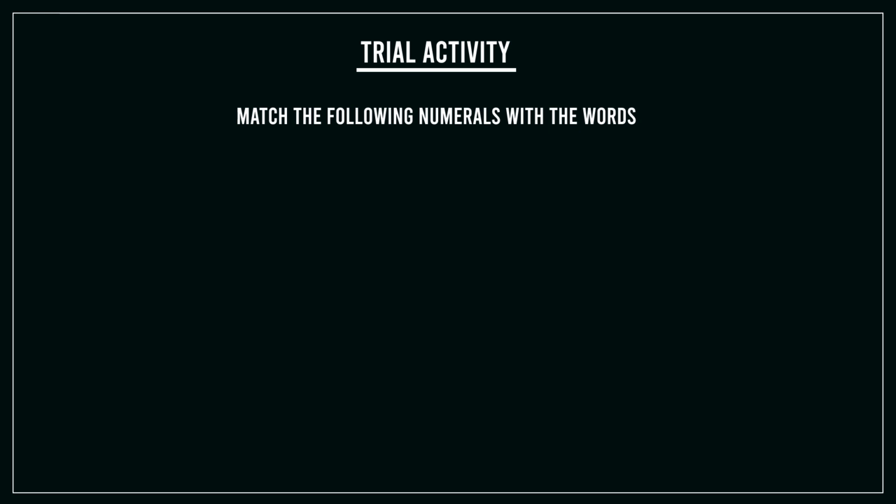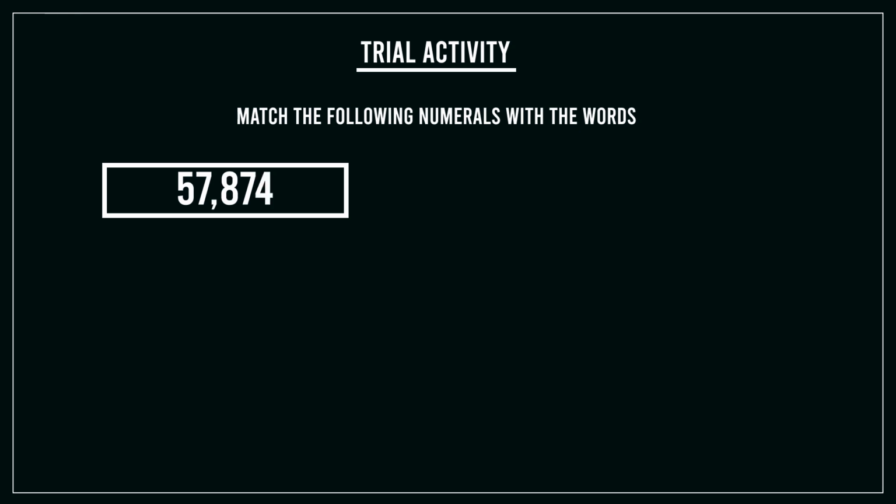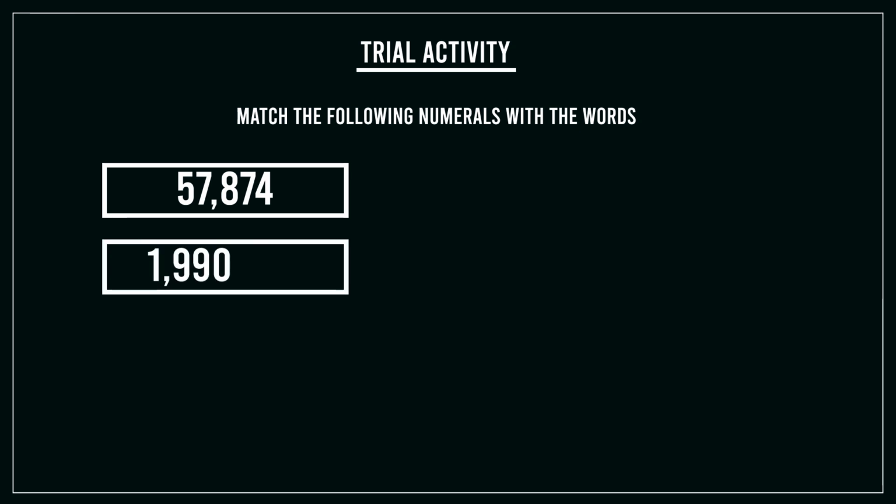So in column A, the first number is 5, 7, 8, 7, 4. The second number in column A is 1, 9, 9, 0, 9, 9, 9.